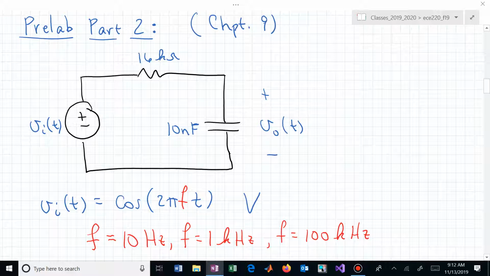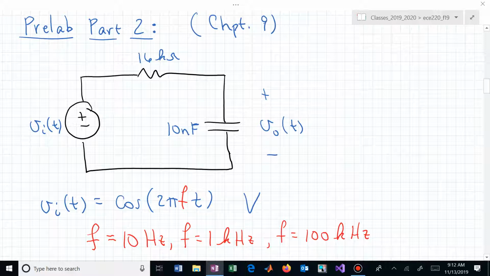And if this is a low-pass filter, if we are passing low frequencies, you can expect that these 3 frequencies have been selected judiciously to give you a feel for how this input gets attenuated as the frequency gets higher.